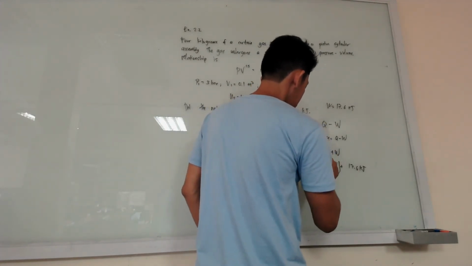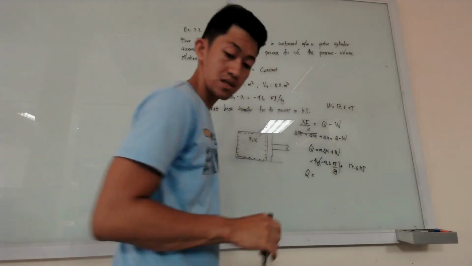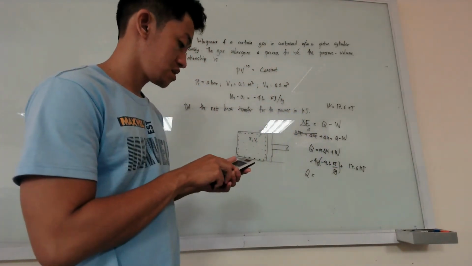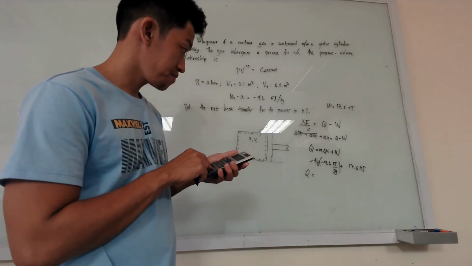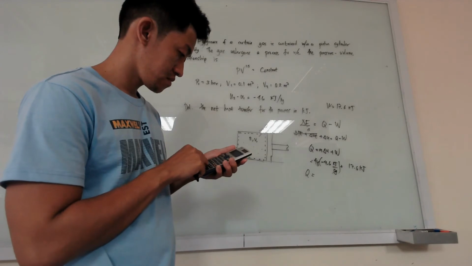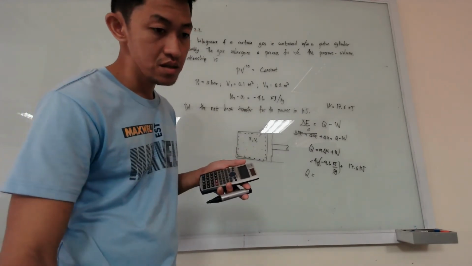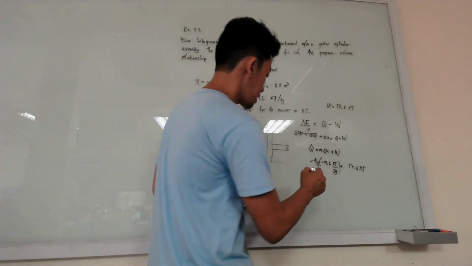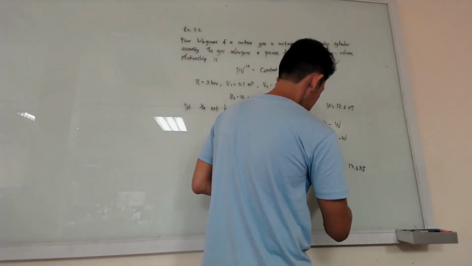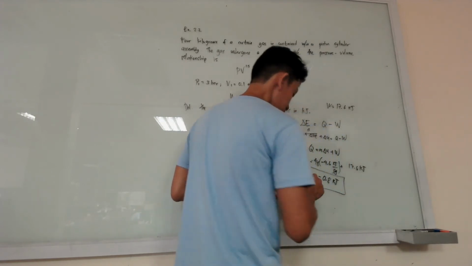And we get the result, which is negative 0.8 kilojoule. Okay?